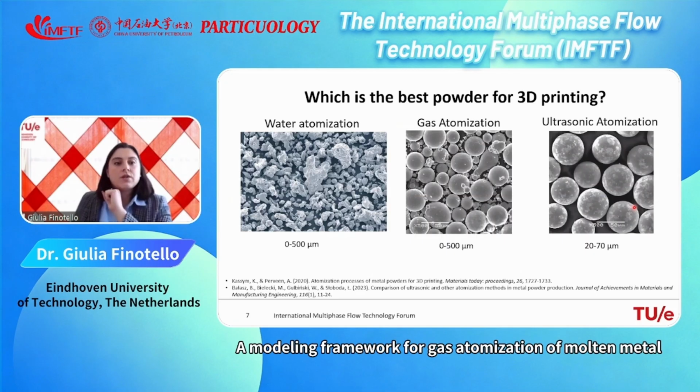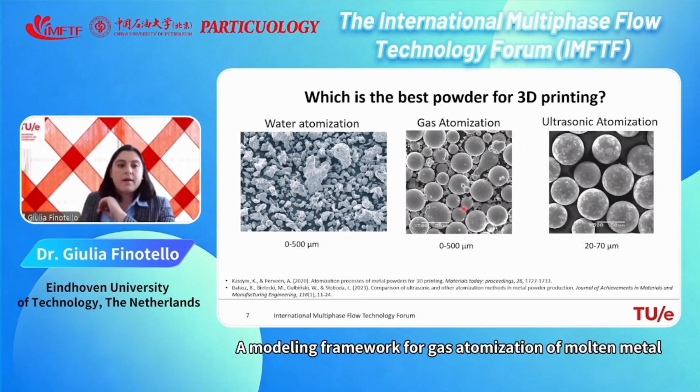Gas atomization, instead, has a sphericity that is getting better, definitely, although you still see some non-spherical shapes, and we still have very, very small particles and very, very large particles. So again, the size distribution is very broad. For ultrasonic atomization, instead, sphericity is definitely a good advantage, and also there is a narrower size distribution.